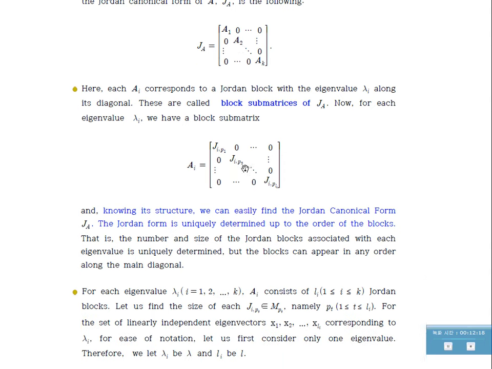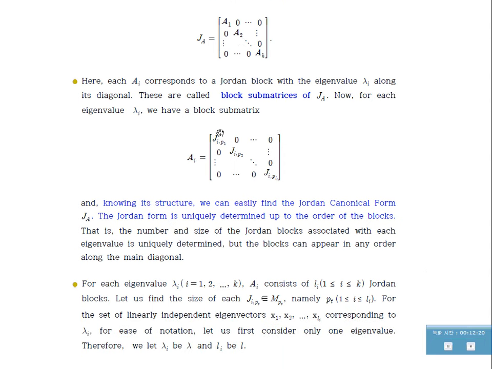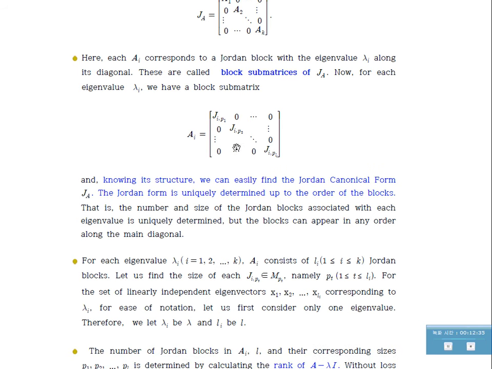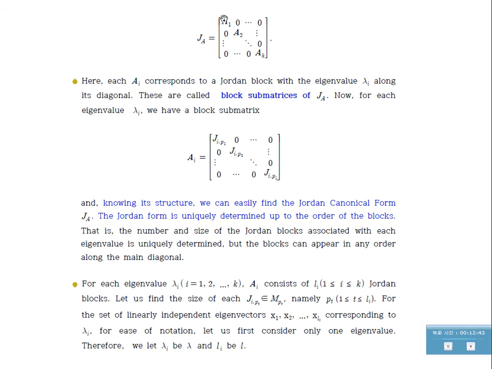Ai is the direct sum of the Jordan blocks corresponding to eigenvalue lambda i. So those are the Jordan blocks. And all we need to do is find a general method for finding Ai. Then we can find A1, A2, and Ak.